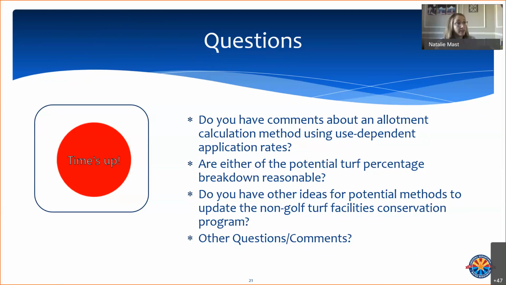Sure, and that's definitely a fair question. I believe the way water intensive landscape is defined in the management plans has to do with plants that are not on the low water use plant list. However, the previous management plans only included line items in this allotment calculation for turf or water surface area.